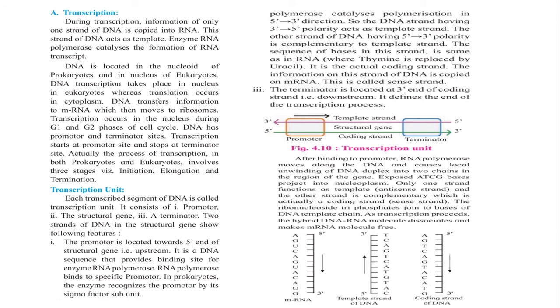It defines the end of the transcription process, as shown in the figure. After binding the promoter, RNA polymerase moves along the DNA and causes local unwinding of the DNA duplex into two chains in the region of the gene. The exposed ATCG bases project into the nucleoplasm, as shown in the figures.